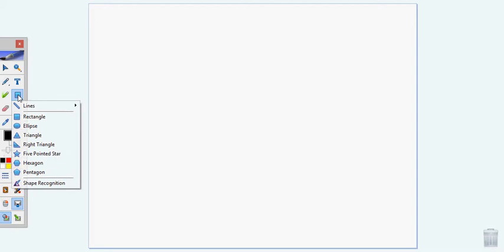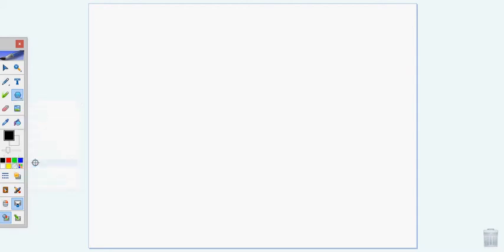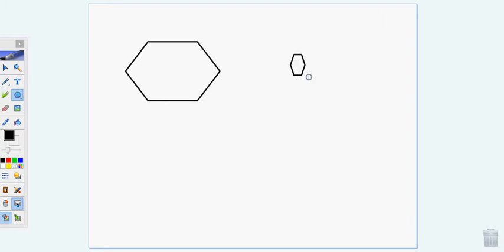So let me see if I can draw you some here. I can use hexagons. That's kind of fancy. Okay, so here's one hexagon, and here's another hexagon, and they're pretty close. And really the only difference between them is the size. And so when we're looking at these, all of the angles must be congruent for similar polygons.